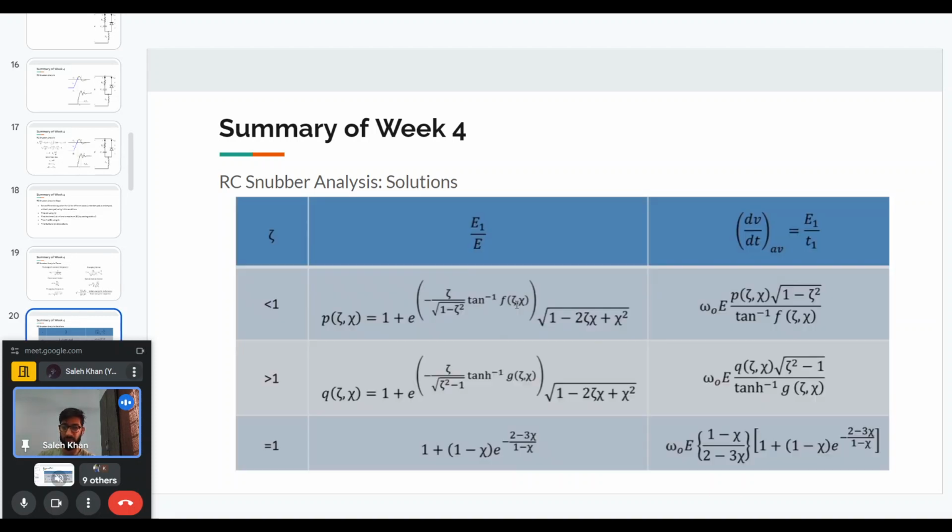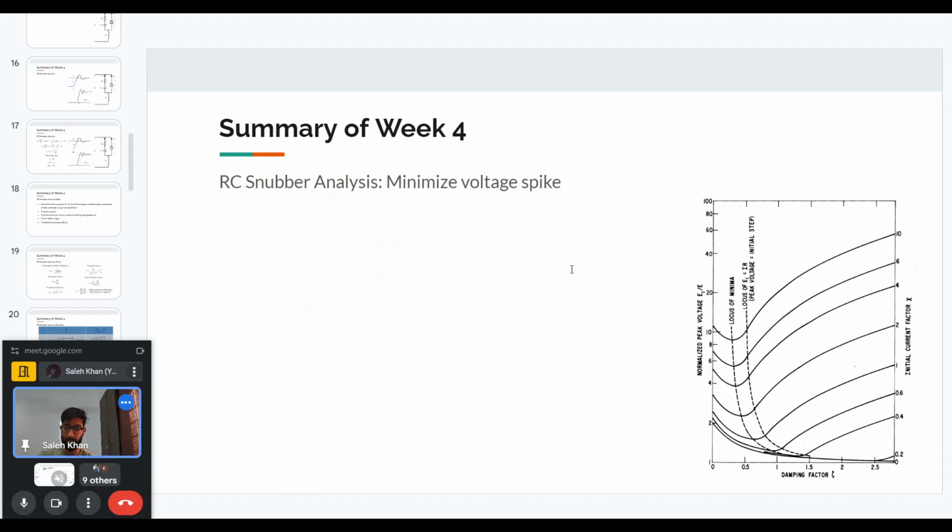So based on these solutions, as the damping ratio varies and the initial current factor is varied, how does E1 by E change? So it is shown here in one figure, as we can basically plot these equations that we saw for different values of chi and different values of the damping factor zeta.